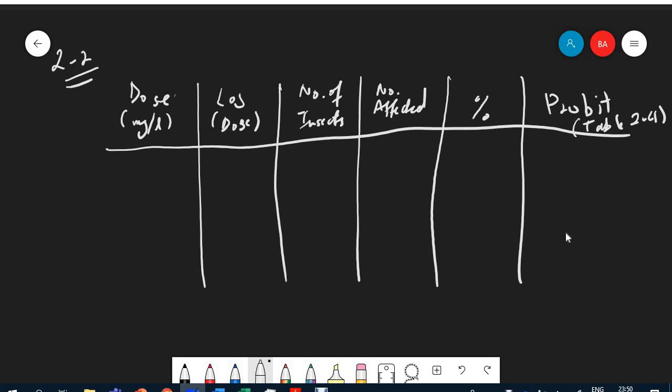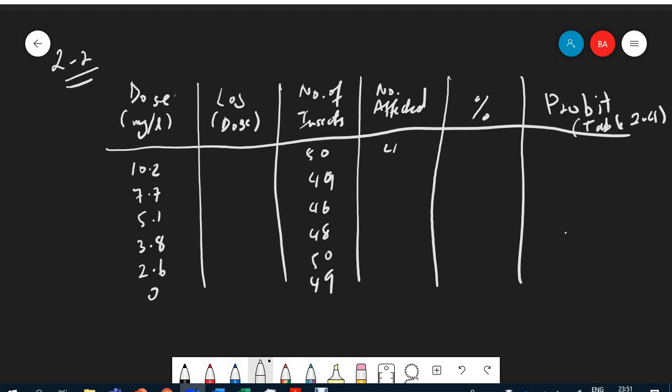Okay, so this is what we have. The doses that we had are 10.2, 7.7, 5.1, 3.8, 2.60. This is given by the question. The number of insects was also given: 50, 49, 46, 48, 50, and 49.